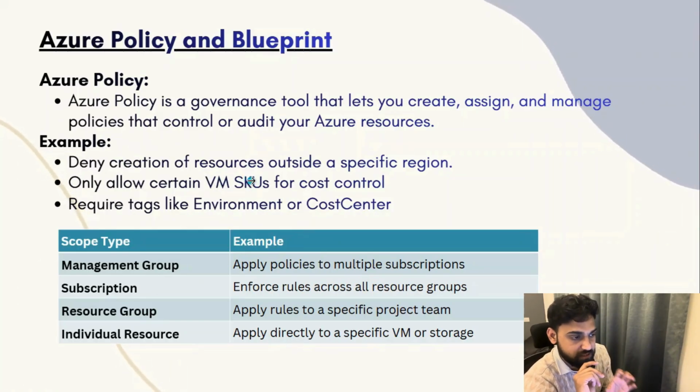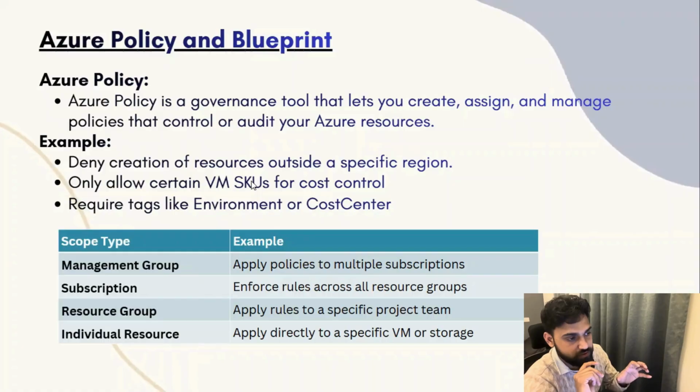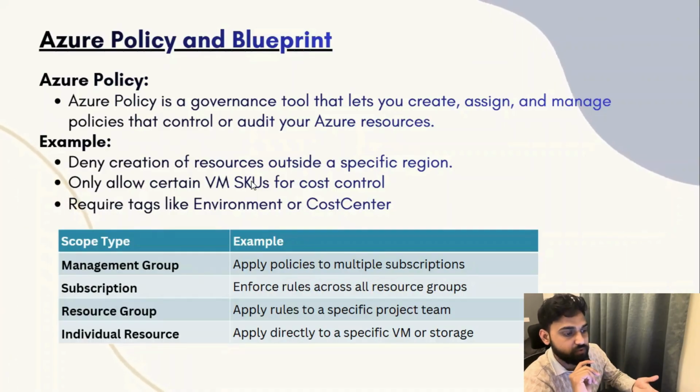You want specific virtual machines, like a virtual machine that should have only 8 GB RAM and only 200 GB memory. You want to put some limit on the virtual machines that developers are going to create at a later point of time.